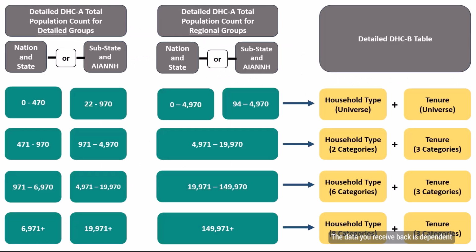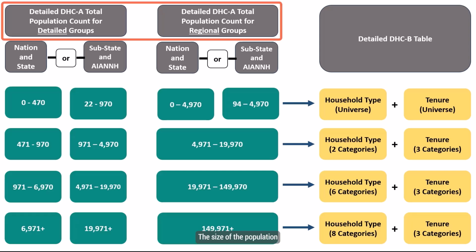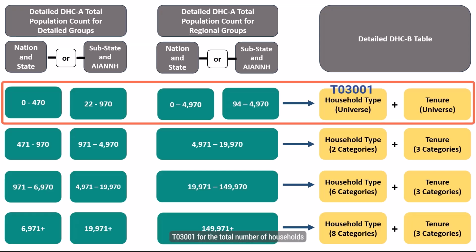The data you receive back is dependent on the level of geography, as well as the size of the population you're looking at. The size of the population is determined from the detailed DHC-A. Based on this, at the national and state levels, you will, at the very least, receive table T03001 for the total number of households and T04001 for the total number of occupied housing units.